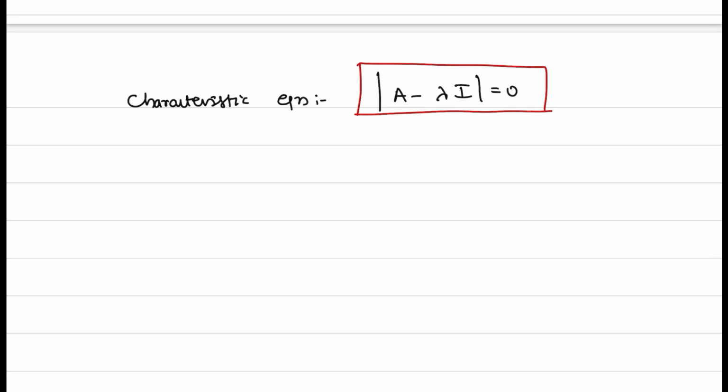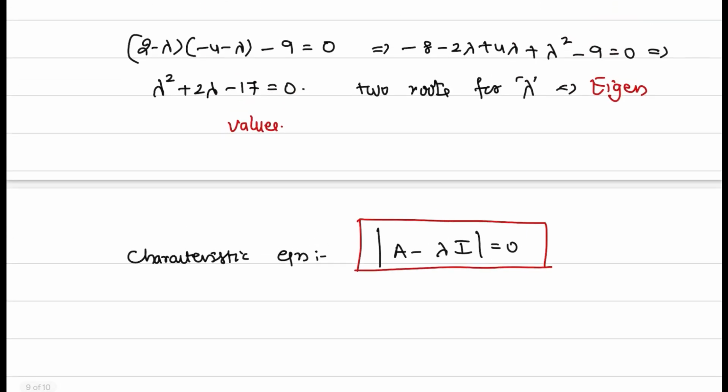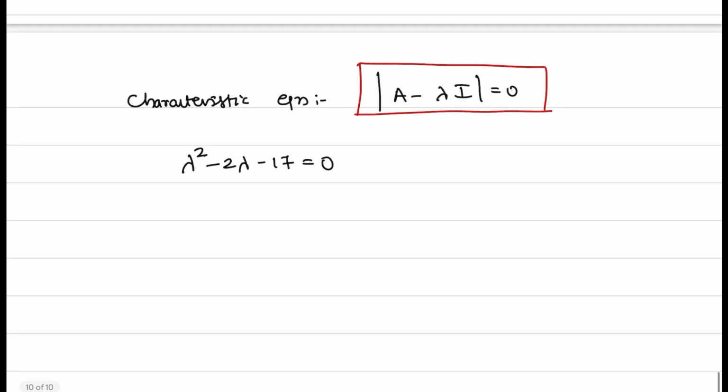Now, what is the characteristic equation in the example we have got? Lambda square plus 2 lambda minus 17 is equal to 0.